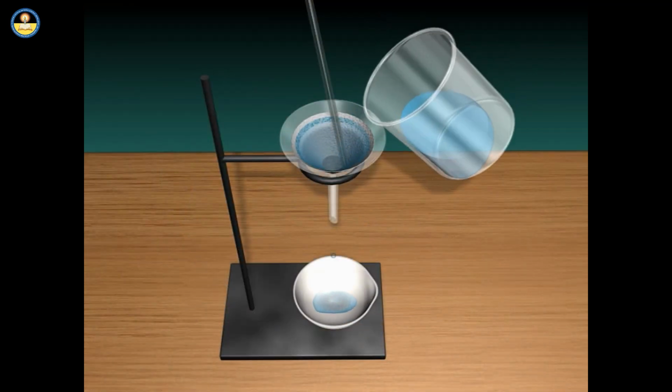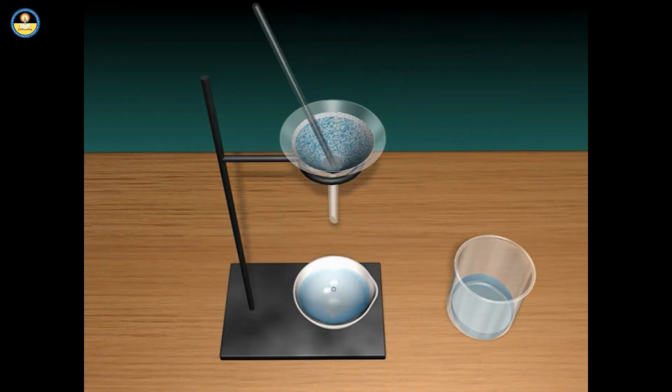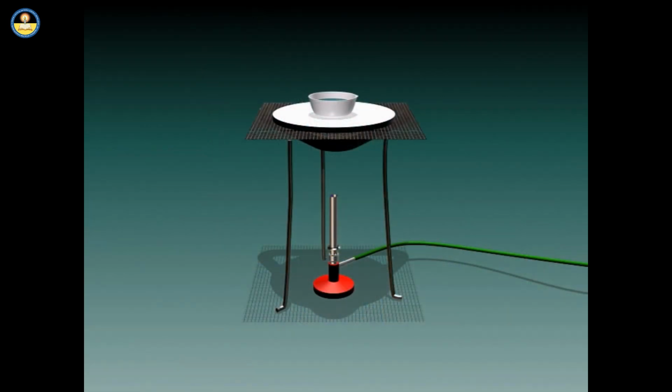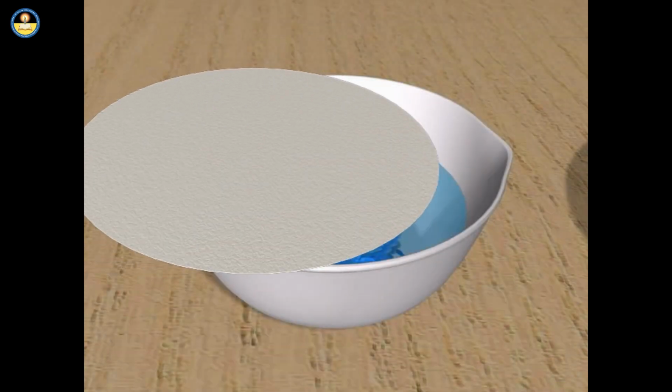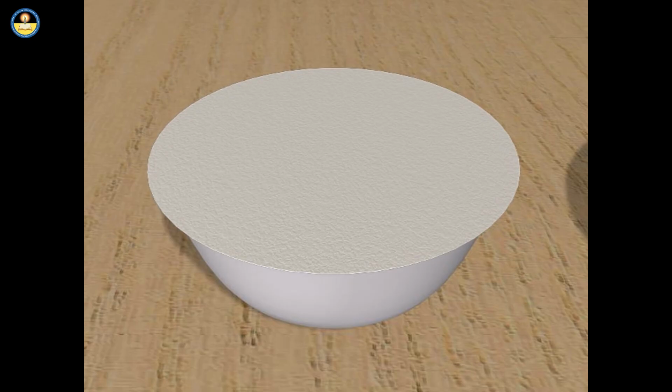The impurities are then filtered. The water is evaporated from the copper sulfate solution so as to get a saturated solution. The solution is then covered with a filter paper and left undisturbed at room temperature to cool slowly.